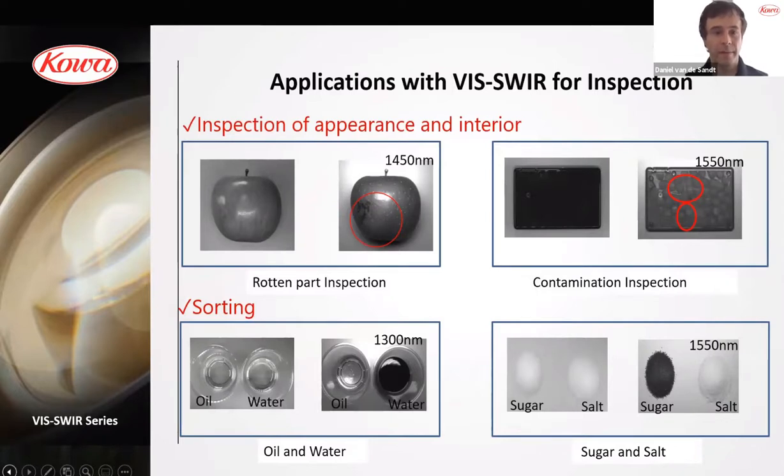At visible, you couldn't see rotten parts or pressure points on apples, which can be seen at shortwave infrared, as you see here on the right. Other applications would be what you see on the upper right side, looking through packaging, or certain materials in sorting which look different only in SWIR, but not in visible.